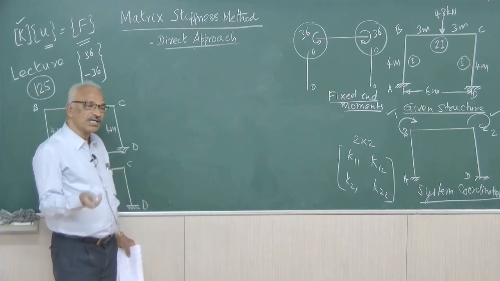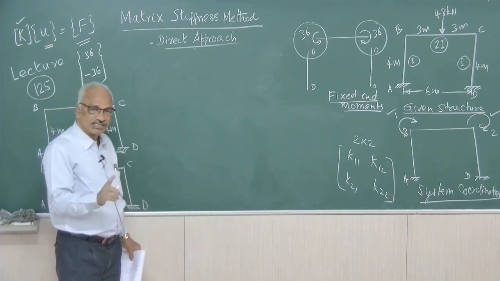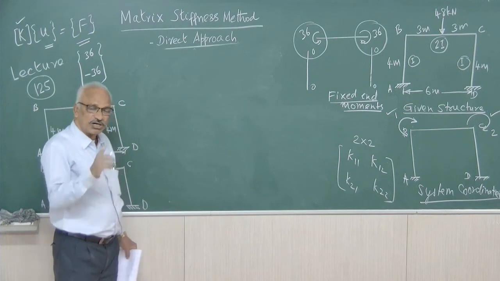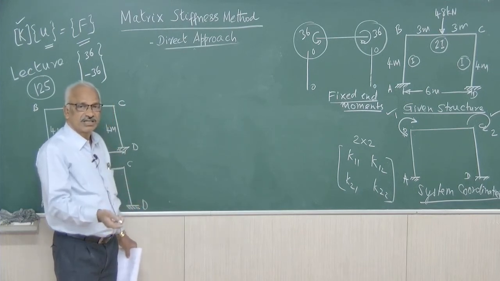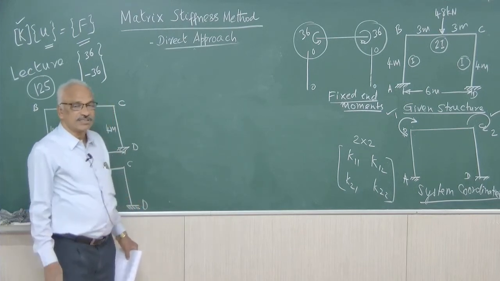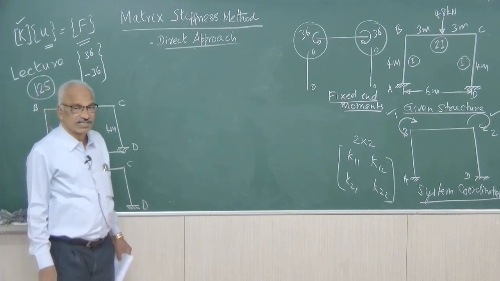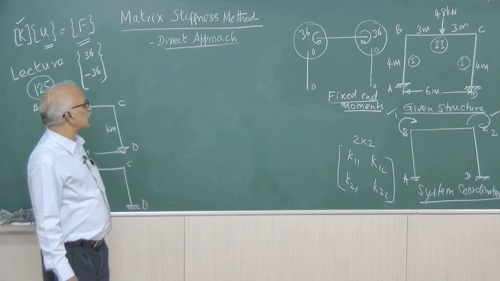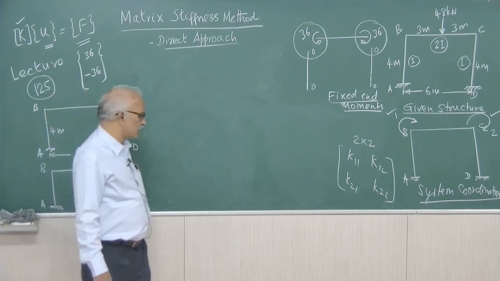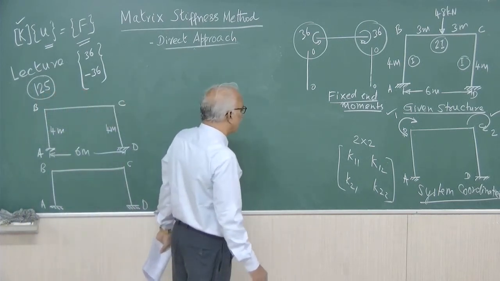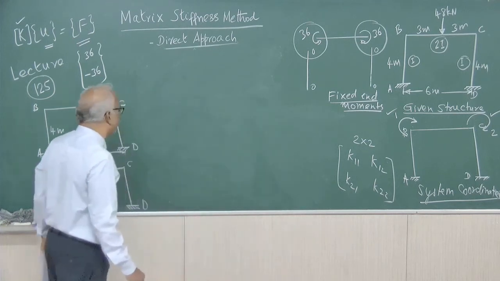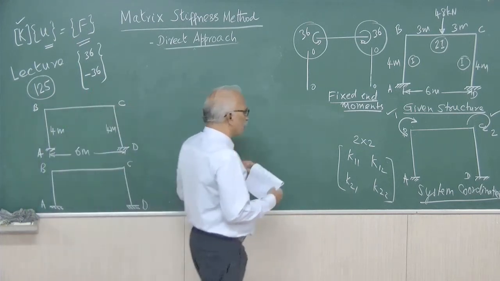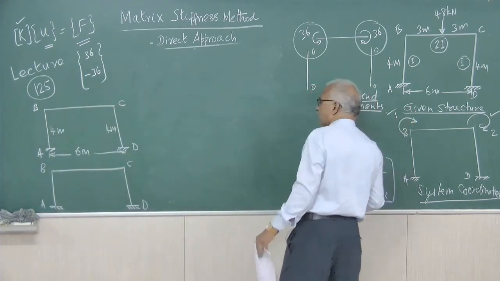So applying unit value of theta b once, then applying unit value of theta c next, we have to develop the stiffness matrix for the structure. We are following structure approach or direct approach. Therefore, applying unit displacements along coordinate 1, this is our coordinate 1, we have to apply unit displacement.